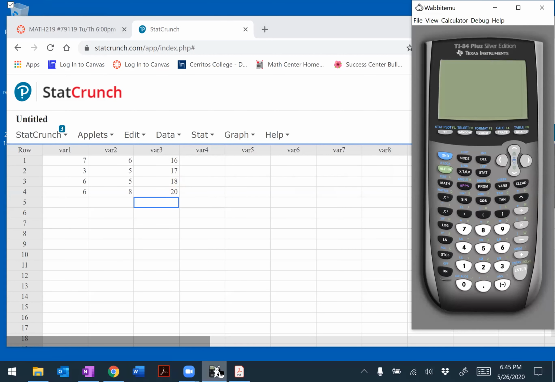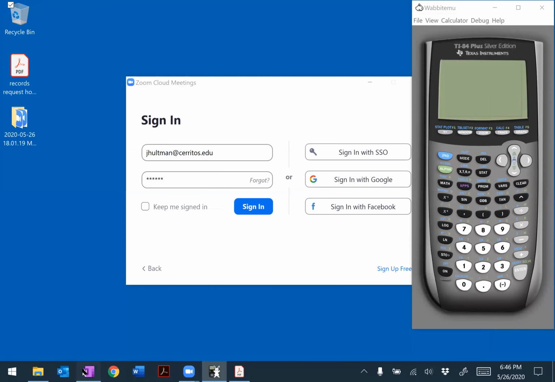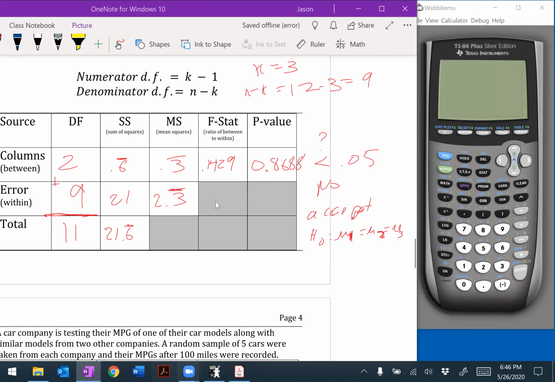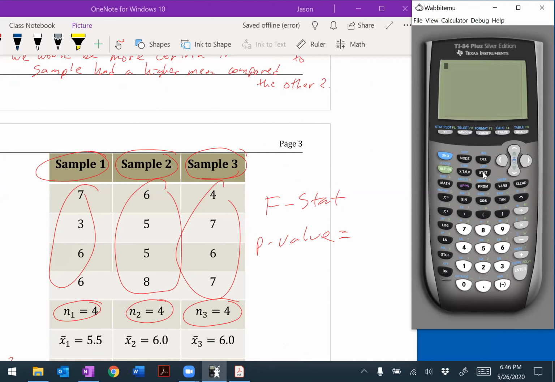Now let's do this on the calculator. How would I do this on the calculator? Okay, let's go to the calculator now. Okay, turn it on. Then I want to go to stat, and then edit, and I want to plug in my values into list 1, list 2, and list 3.